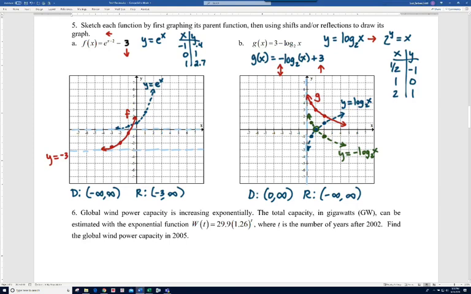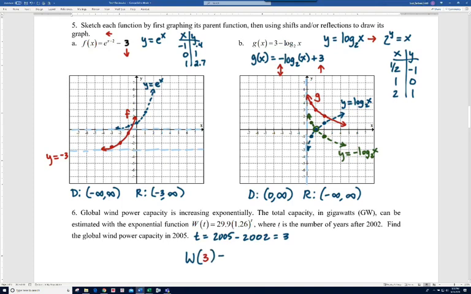So if we're finding the global wind capacity, we're finding W(T). And in this case, they're giving us T because they said it's in 2005. So T is going to equal 2005 minus 2002, or that's 3.